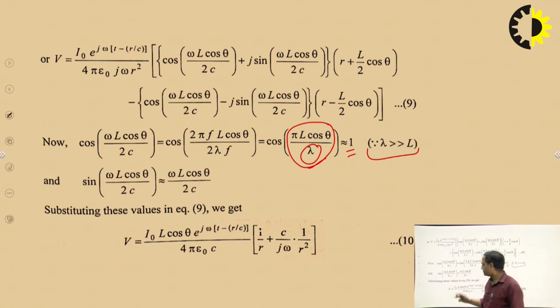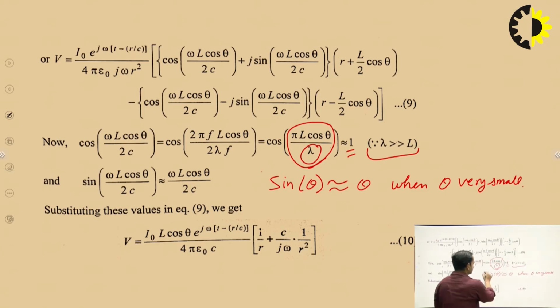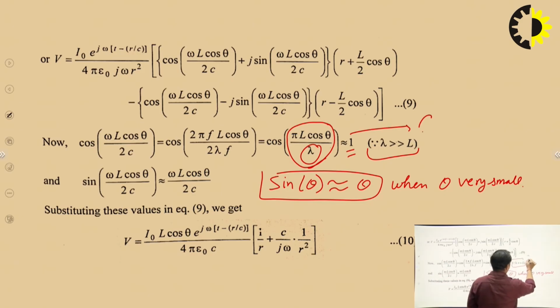Similarly, sin theta, or tan theta, is equivalent to theta when theta is very small. So when theta is very small, cos theta will be equal to 1, right?